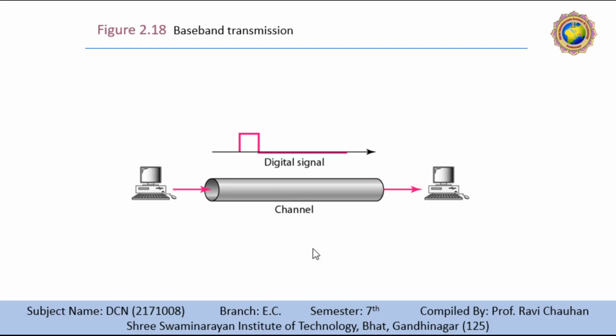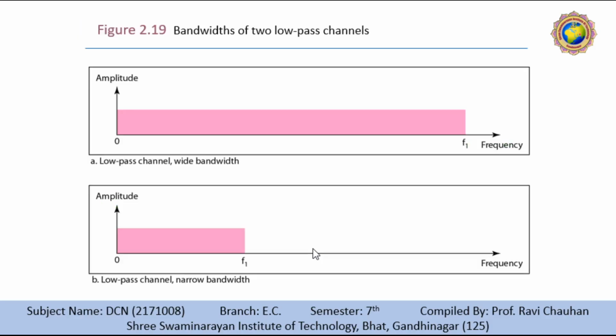As another example, we may connect several computers to a bus, but not allow more than two stations to communicate at a time. Again, we have a low pass channel and we can use it for baseband communication. A figure shows two low pass channels, one with a narrow bandwidth and another with a wide bandwidth.